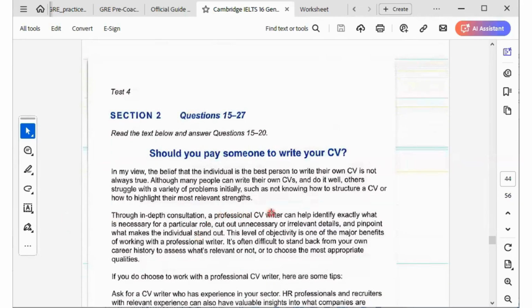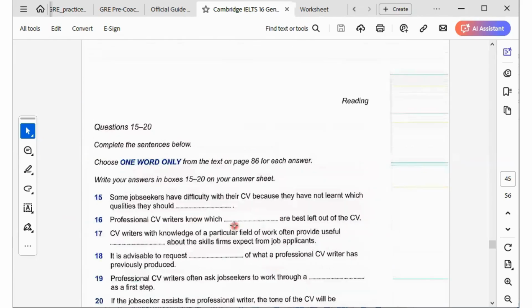I can see professional CV writer here. Professional CV writers can help identify exactly what is necessary for a particular role. Cut out. Can you see paraphrasing? Cut out is a paraphrase for what? Left out. They know which dash are best left out.